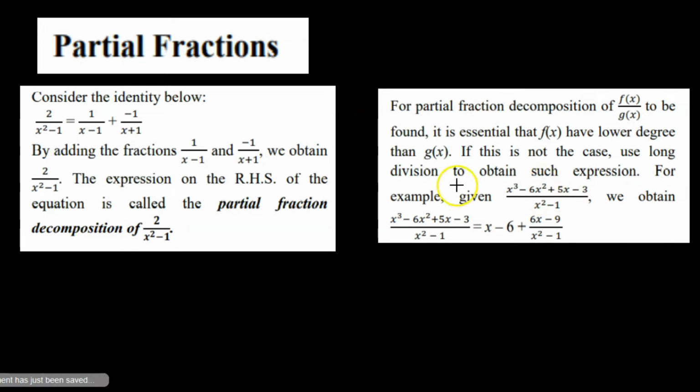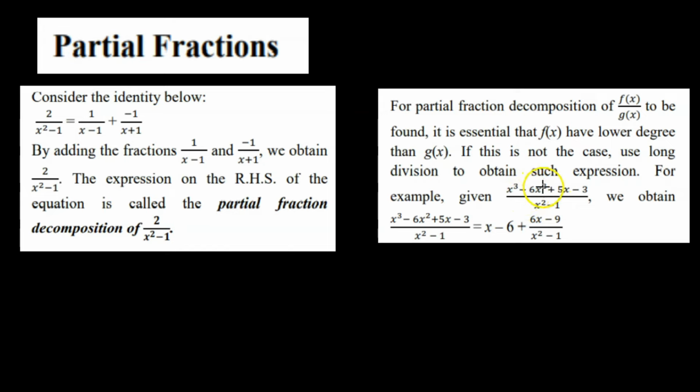So, for example, given x cubed minus 6x squared plus 5x minus 3, all divided by x squared minus 1, we need to find the partial fractions for it. But because the numerator has a power which is higher than that of the denominator, we need to first use long division.